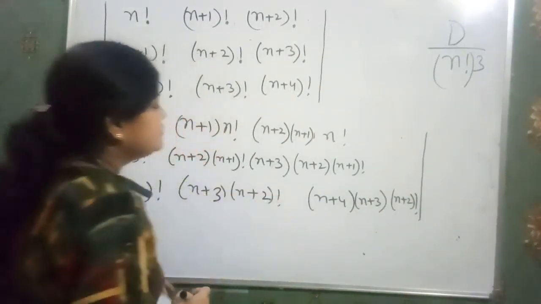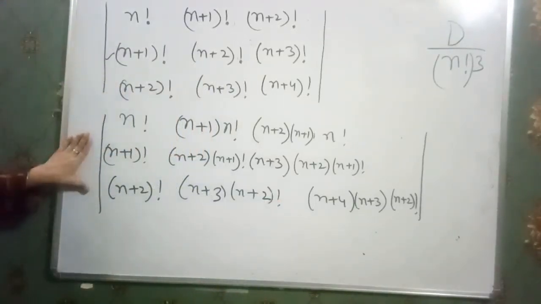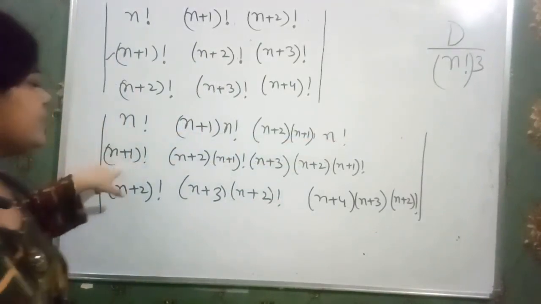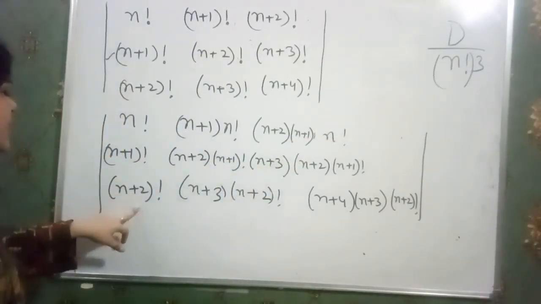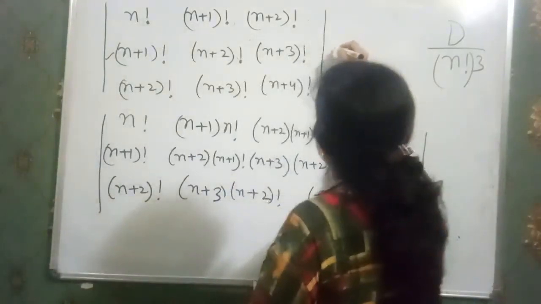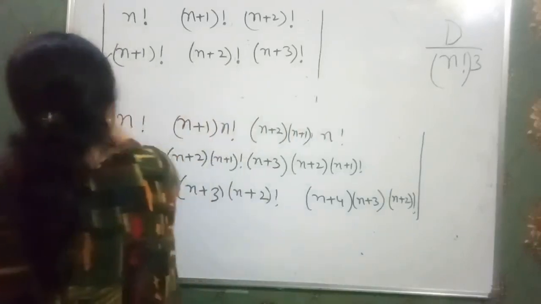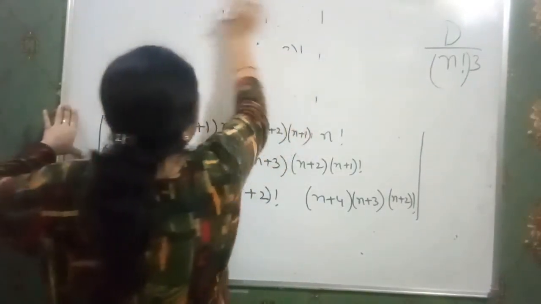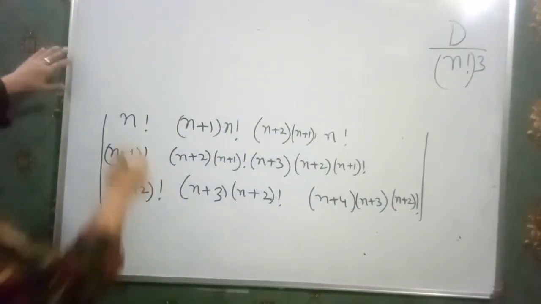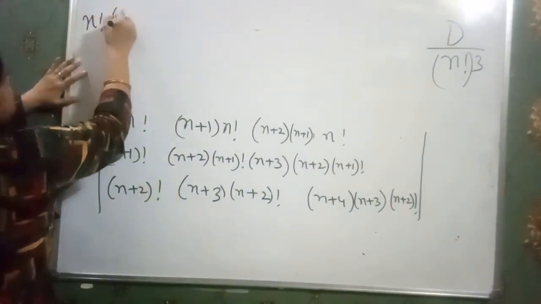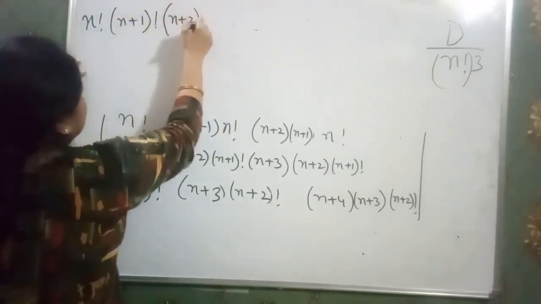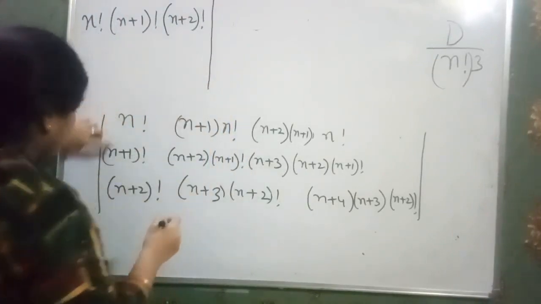Clear? Now just keep an eye on the determinant. Here in this line we have common n factorial. Here I have n plus 1, and here I have n plus 2. I have to do it this way because my blackboard is small. I think you will cooperate with me. So we just bring out factorial n, n plus 1 factorial, then n plus 2 factorial. Okay. Now here we have 1, 1, 1.